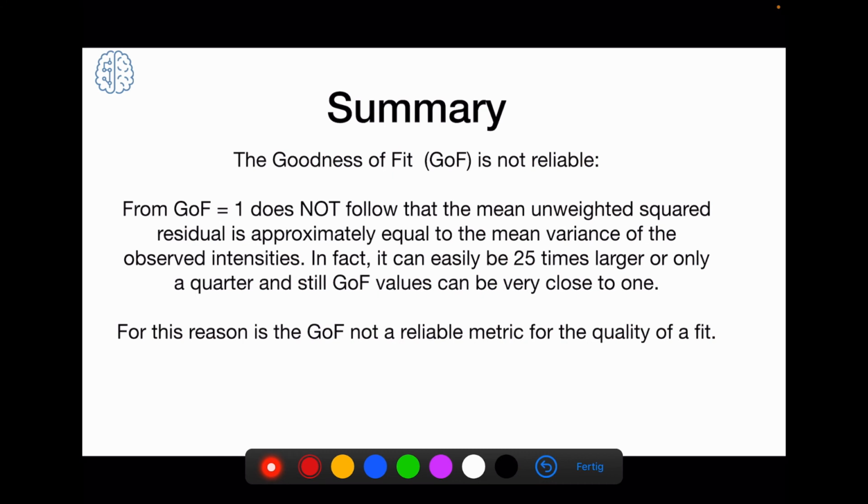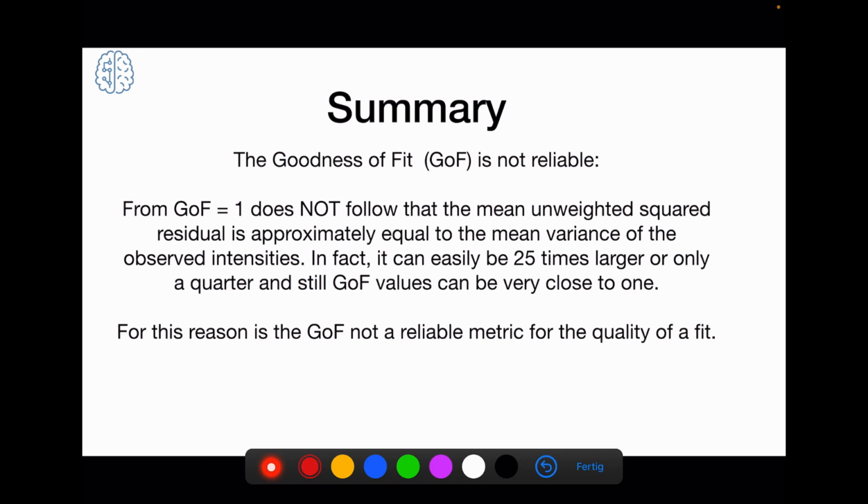As a summary, the goodness of fit is not reliable because even when the goodness of fit is exactly 1, it does not mean that there is no overfitting or no underfitting in these datasets.